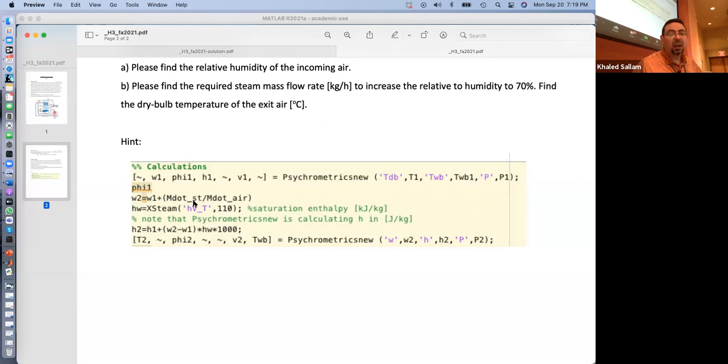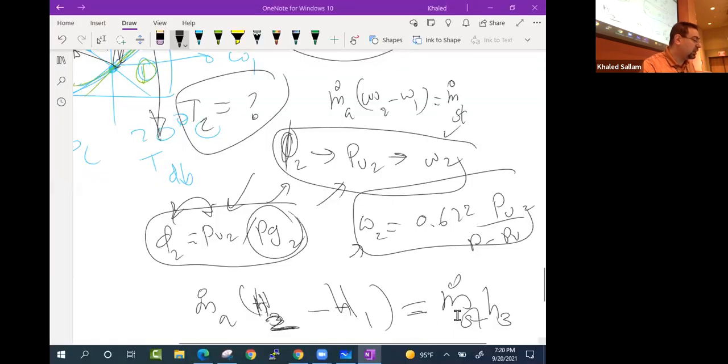Make sense? And then he's using the steam table, X steam, to calculate HG at 110. That's how you call it from MATLAB. And then what is that? That is the first law. That's what I just wrote over here, when I said m dot air times delta H equals m dot steam times H3.